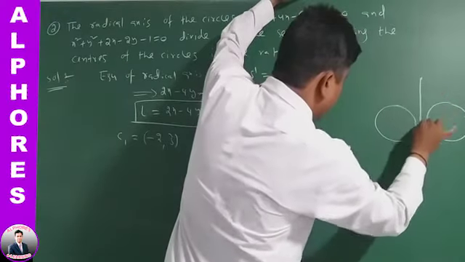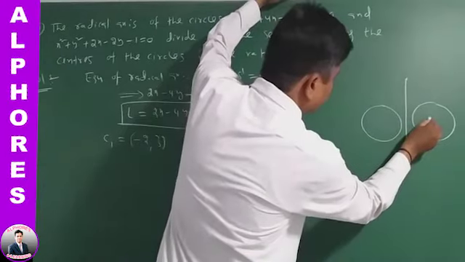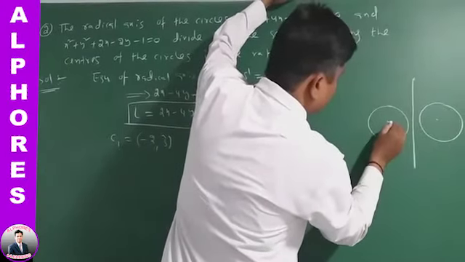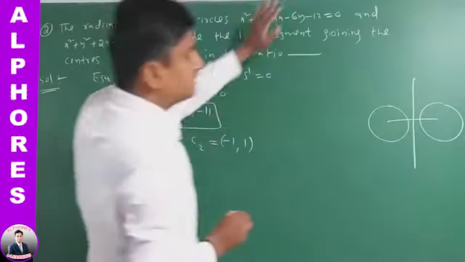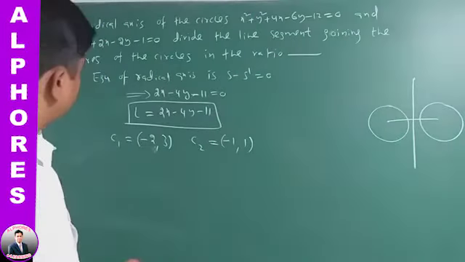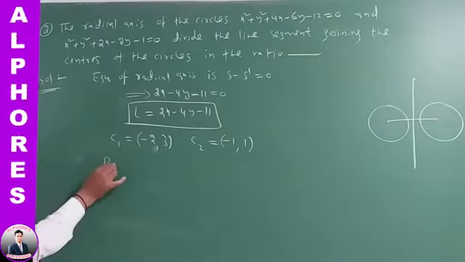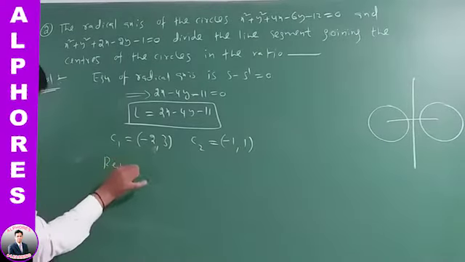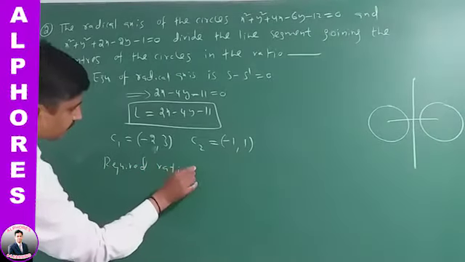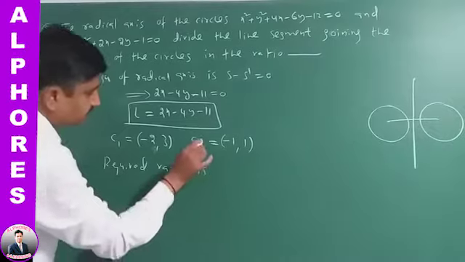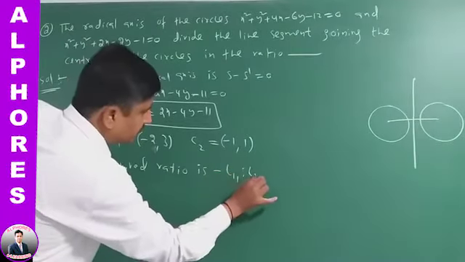This is the radical axis of these two circles. This line divides the segment joining C1, C2 in the ratio. Here we have a formula: the required ratio is minus L11 is to L22.